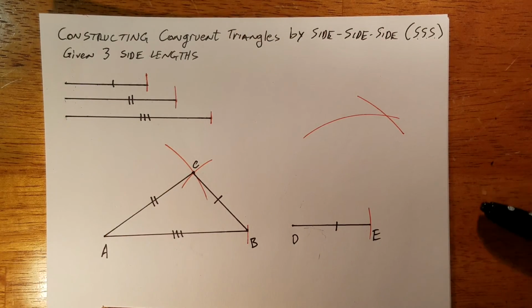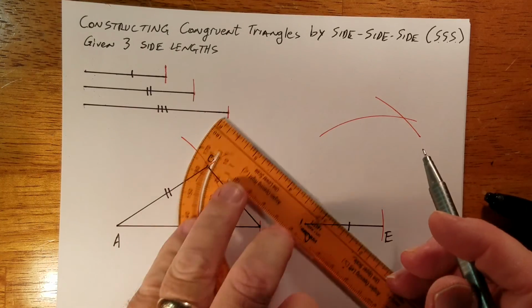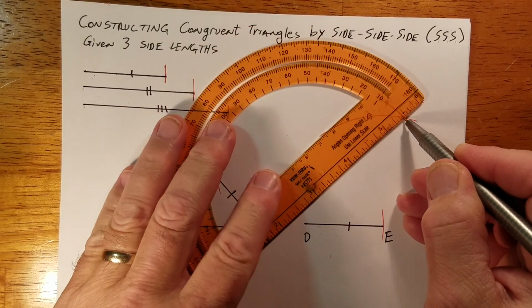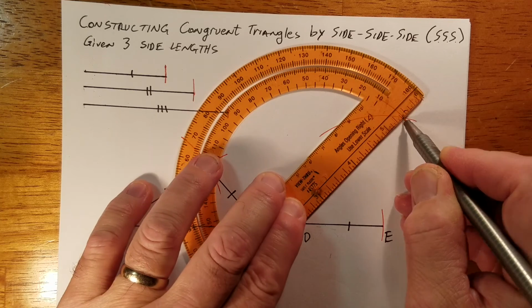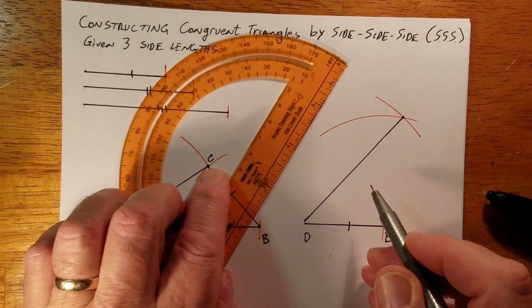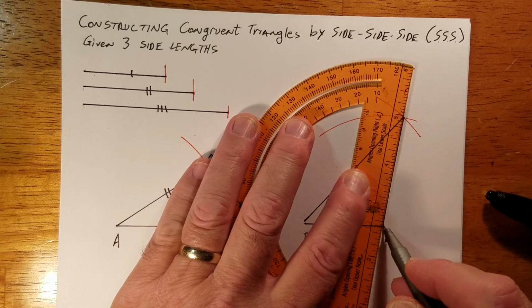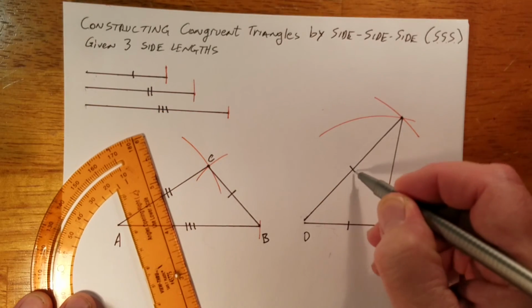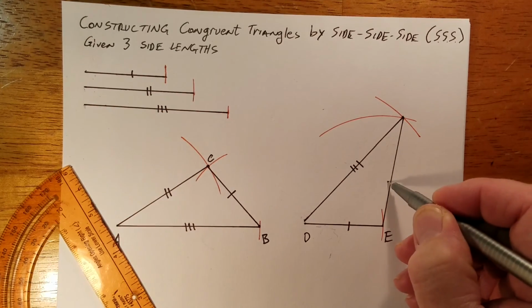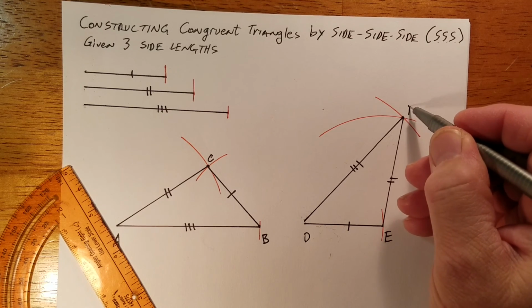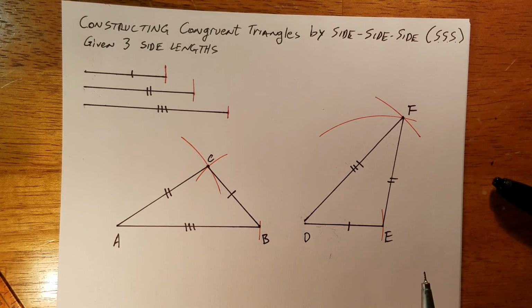So with my straight edge, I line that up. There. And we have 2 congruent triangles.